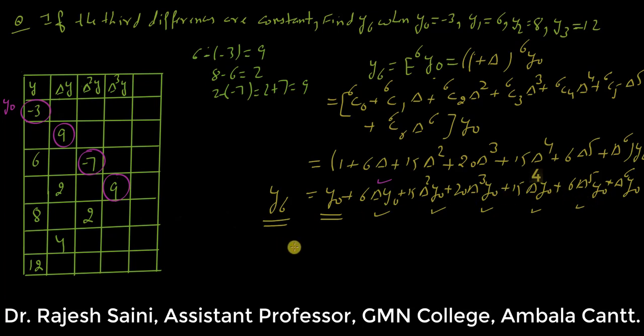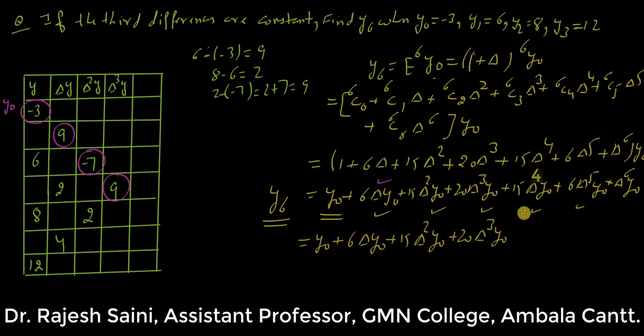In this we have only up to here, so the higher terms will be ineffective, and so we are going to write this formula as y6 is equal to y0 plus 6 delta y0 plus 15 delta square y0 plus 20 delta cube y0.